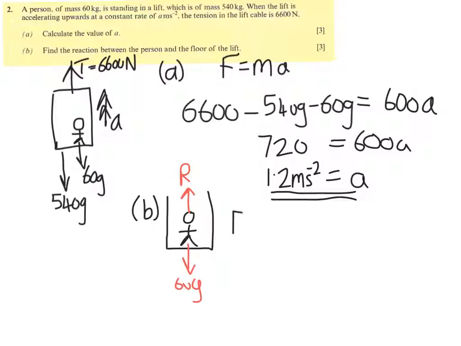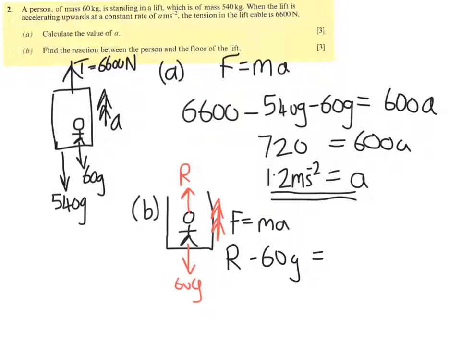So when I apply F equals ma to the person, I didn't mark acceleration. Acceleration's upwards, isn't it? Remember it's accelerating upwards, and that's important for this bit. So acceleration is acting upwards, which means R is acting upwards. These two things are both acting up, so they're positive. So R is the positive one, and I've got to take away the 60 g. That's my forces done, and that equals the mass.